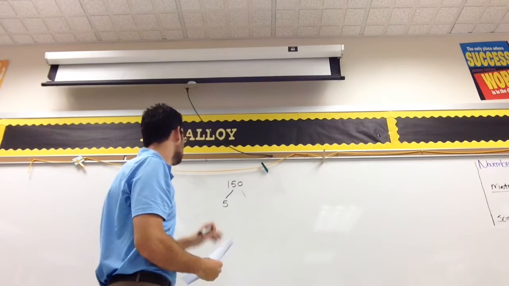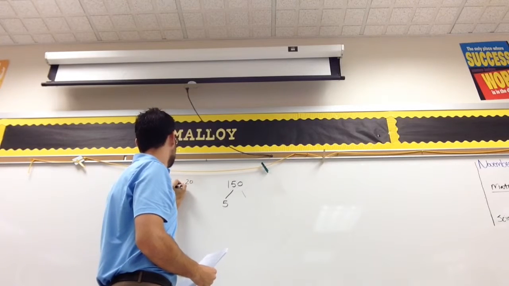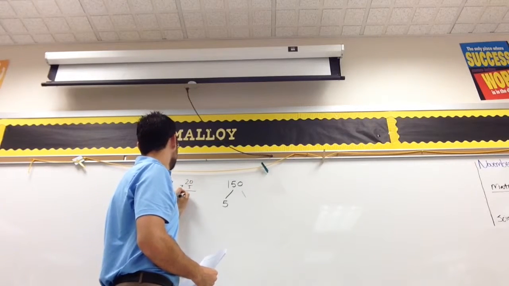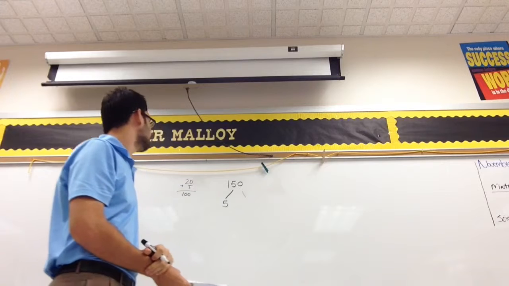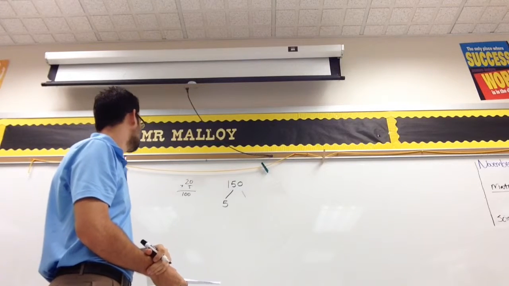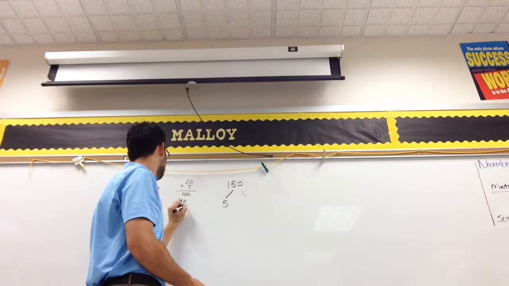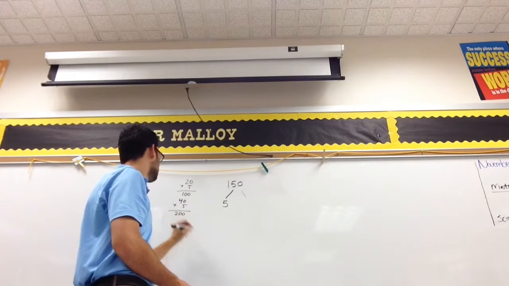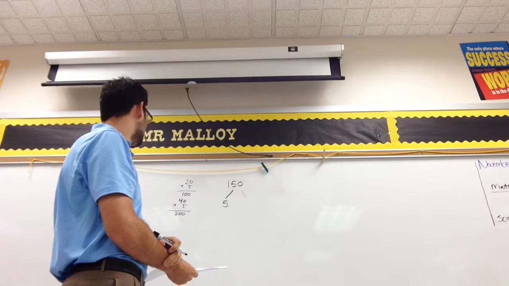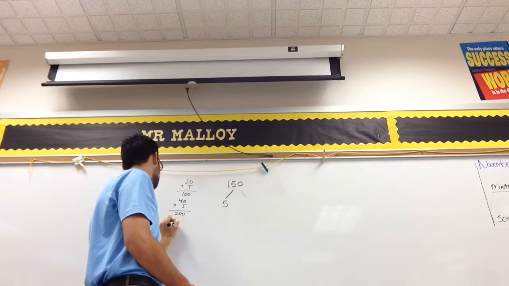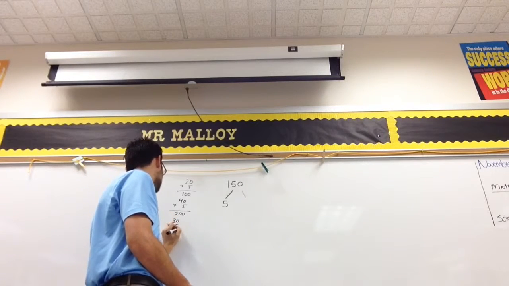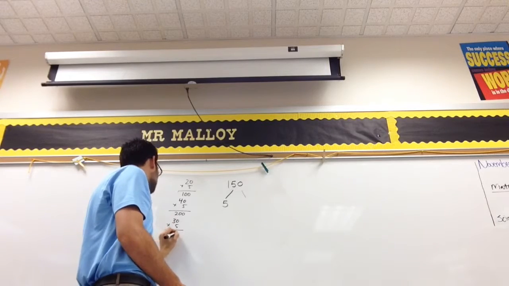So I know 20 times 5 is 100. Okay, so that's too low. Let's try 40 times 5. Well, that's 200. So maybe, let's see here, 30 times 5. Oh, that would be 150.